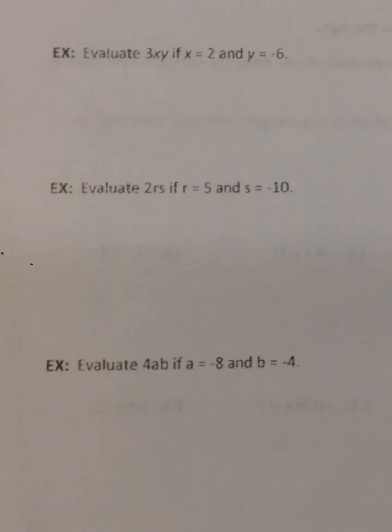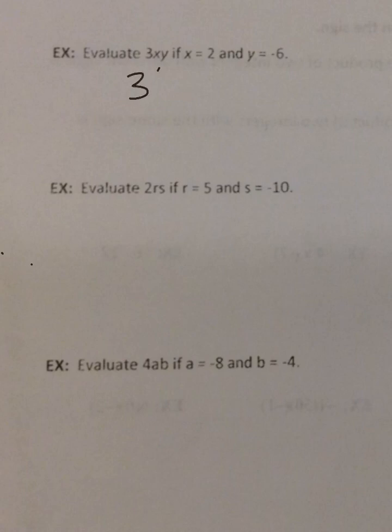For the last 3 examples, we're going to be evaluating an expression where we substitute values for the variables. It says evaluate 3xy if x equals 2 and y equals negative 6. The first thing we want to do is rewrite the expression, substituting values.